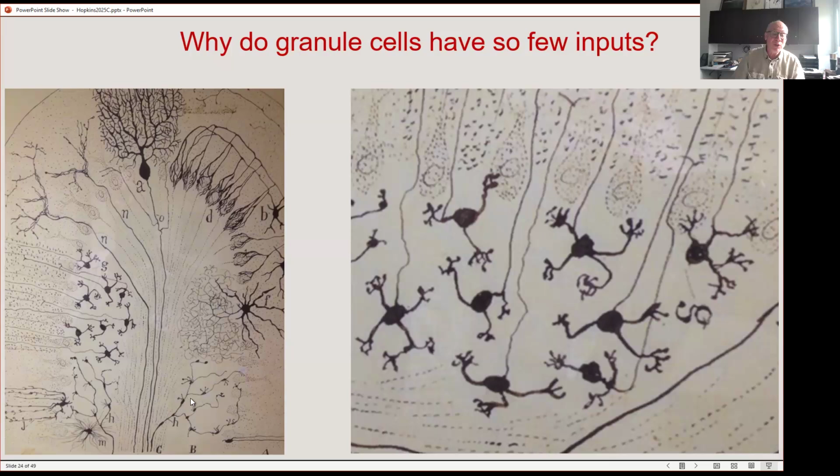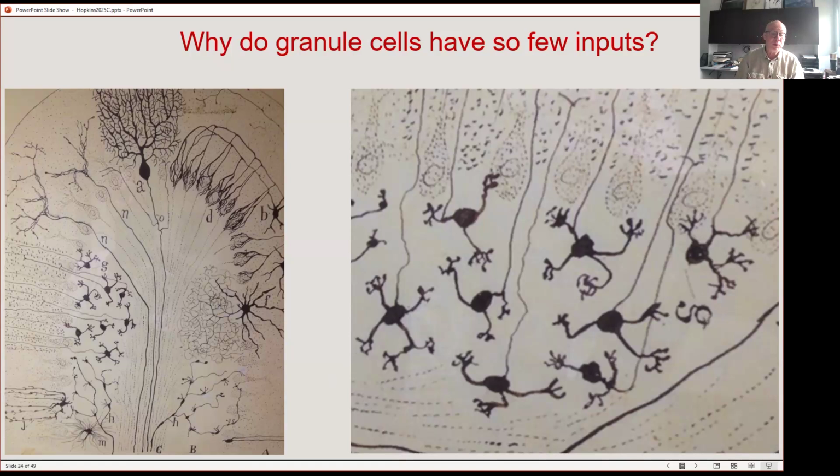And the spacing of these rosettes on a mossy fiber is wider than the span of the typical granule cell. So we know that it's very rare for the same mossy fiber to provide more than one input to a granule cell. So it's a very intriguing computational question.